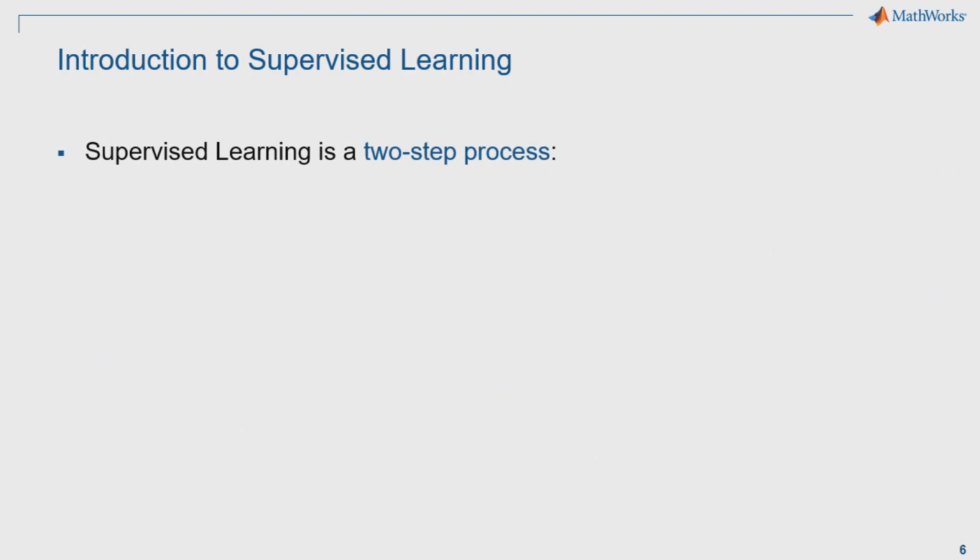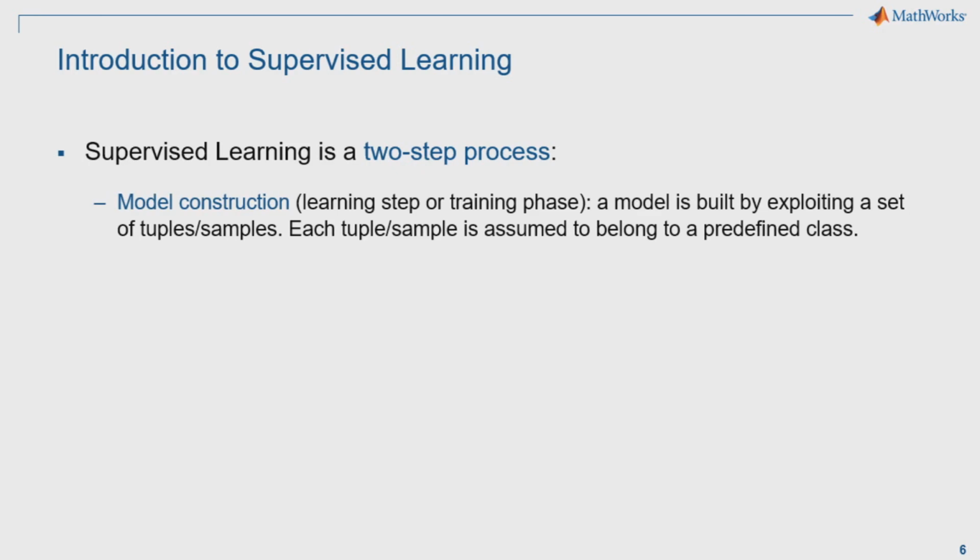So supervised learning is a two-step process. If you remember, last time when we talked about unsupervised learning, we were just diving into the data without caring to split our procedure in steps. So first of all, the first step is model construction.